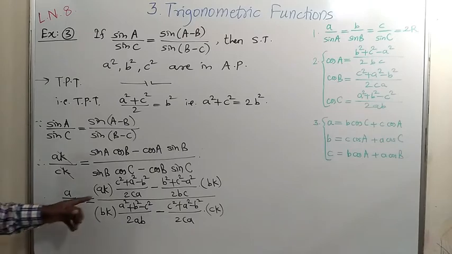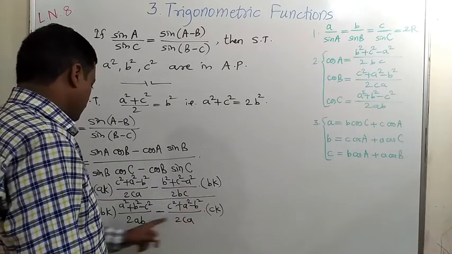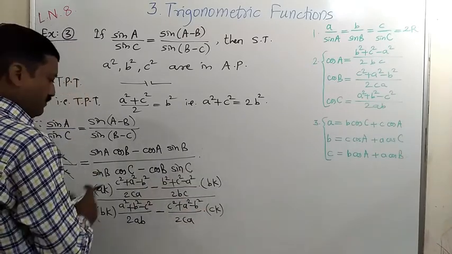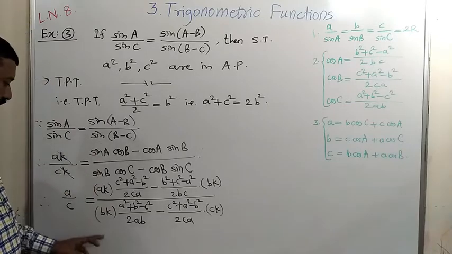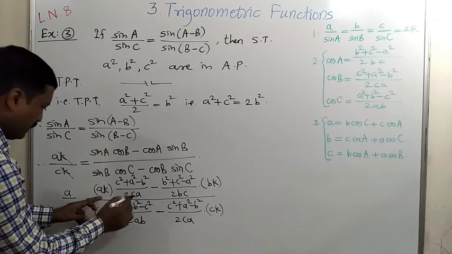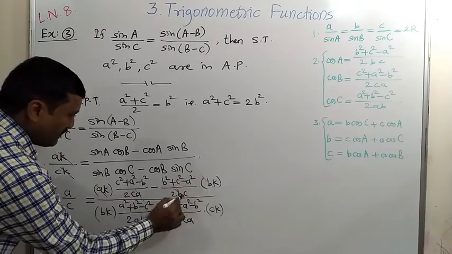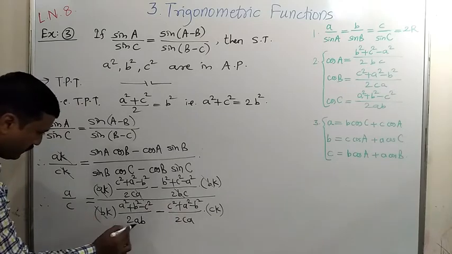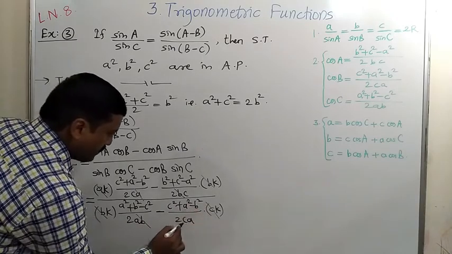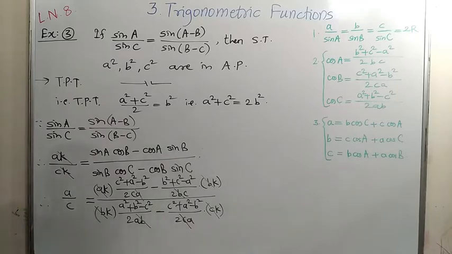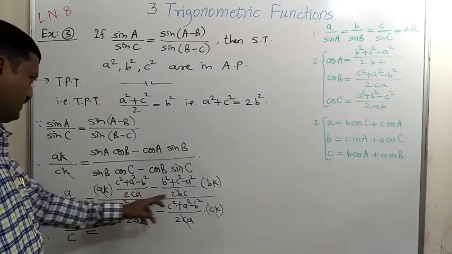Okay, now if you observe, this k is present in each term, so it can be taken common and cancelled from numerator and denominator. Here a gets cancelled, also b gets cancelled. In this term b gets cancelled, and in this term c gets cancelled. K is also cancelled. So remains a upon c is equal to, if you observe this denominator, this is twice c, twice c.